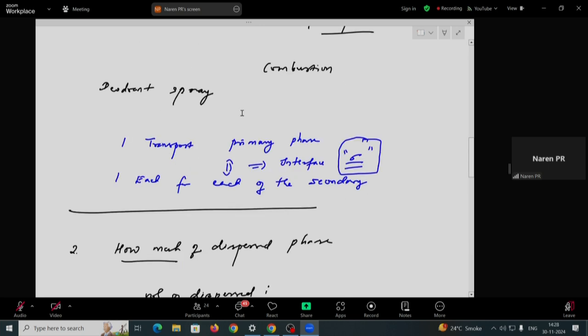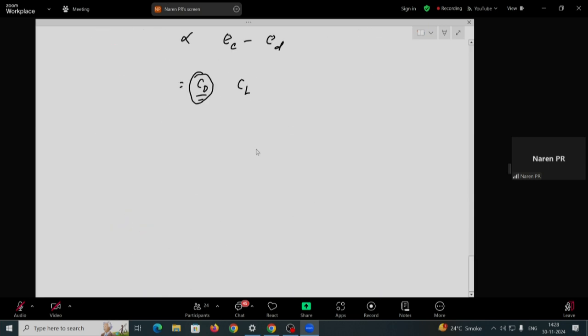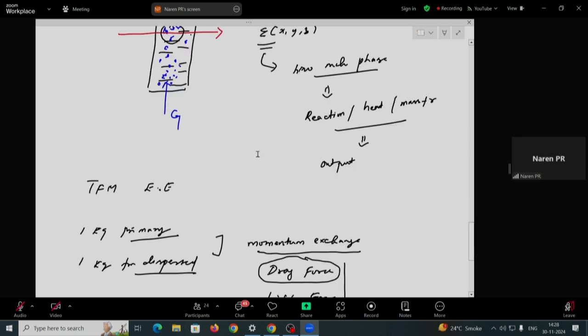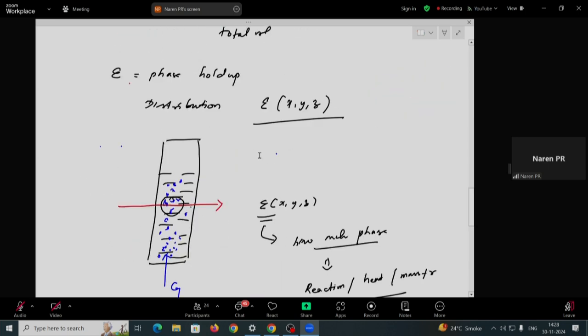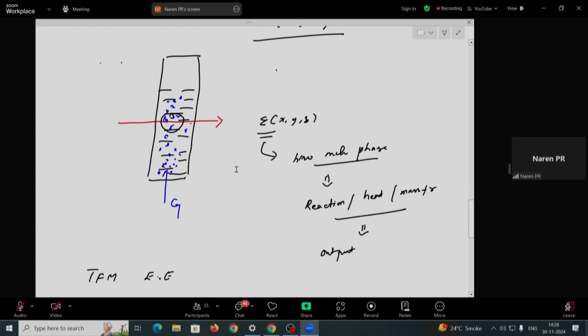I'm not going into detail about the Eulerian-Lagrangian model, but I'll just tell you the objective behind it. In the Eulerian-Lagrangian model, the focus is to track the motion of the dispersed phase. So if you are interested in shape and size, we do VOF. If you are interested in the phase holdup distribution, what their volume percentage is, how they are present, then we do the two fluid model.